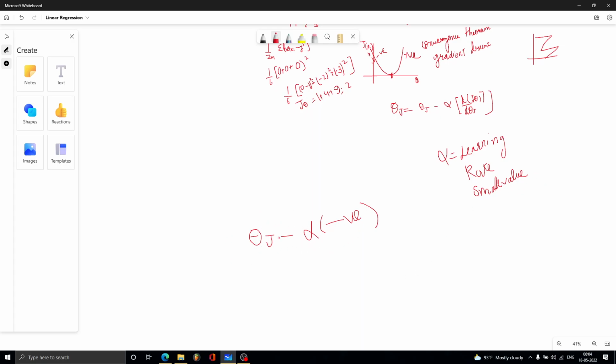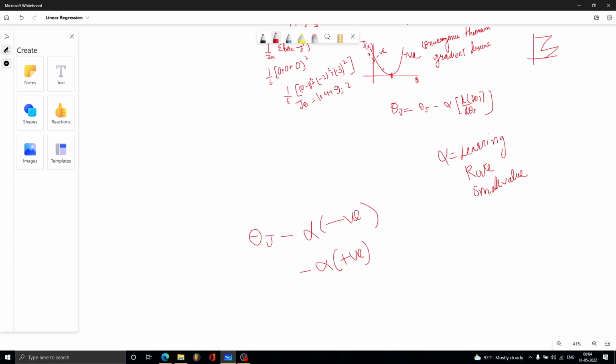Then we can see that when we have a negative slope, it will start to decrement it, and when we have a positive slope, it will start to increment it. How? Sorry, I think I said something wrong. When we have a negative slope, negative becomes positive, so it will start to go this way.